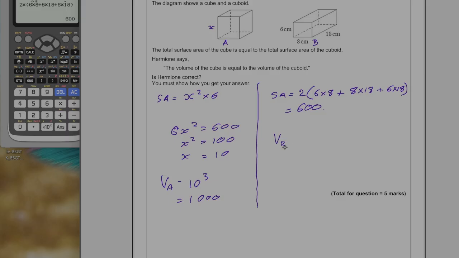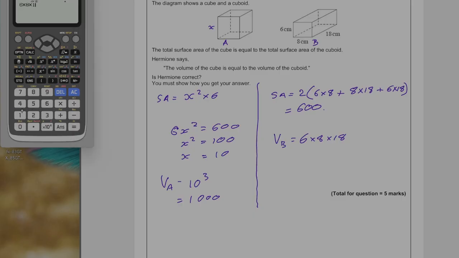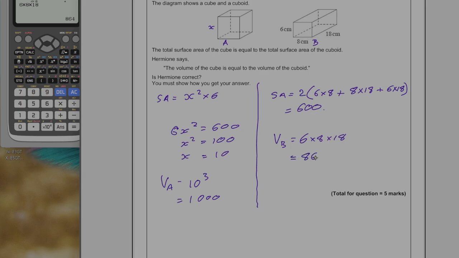The volume of shape B is going to be equal to 6 times 8 times 18. So 6 times 8 times 18 is going to be equal to 864. So those are my, I'll put the units in as well, centimeters cubed, centimeters cubed.